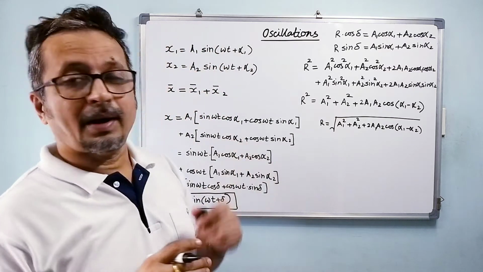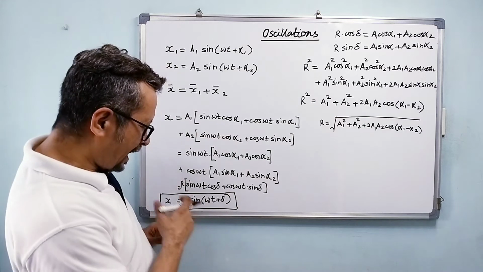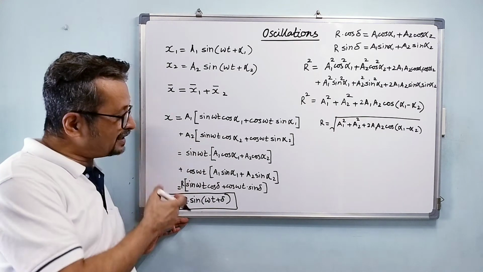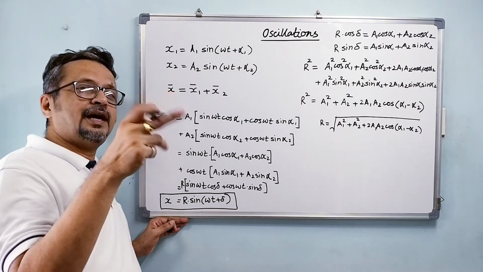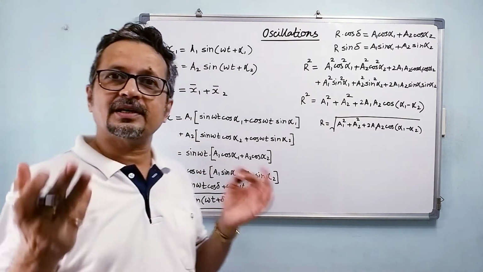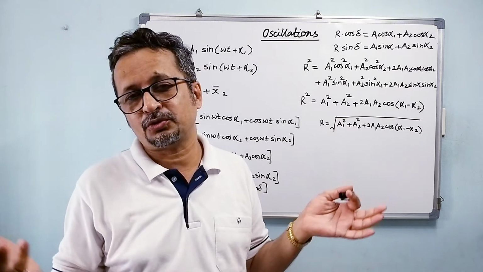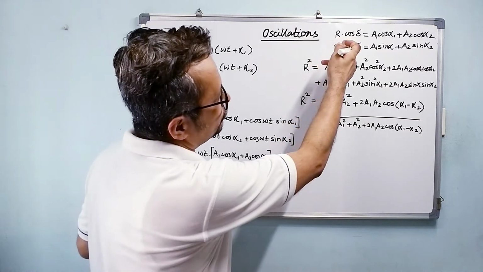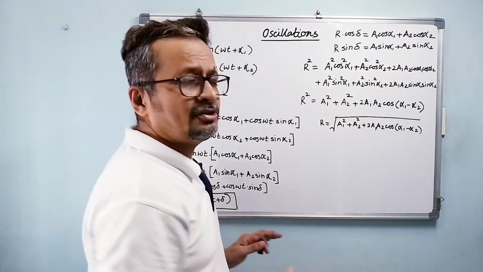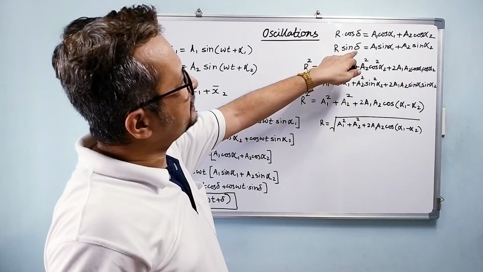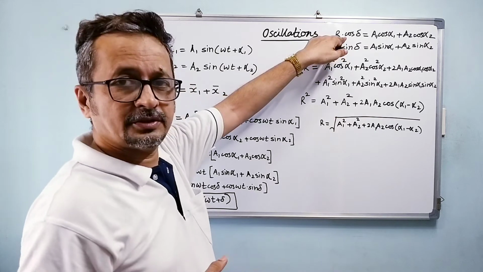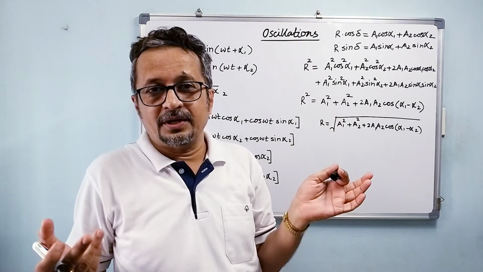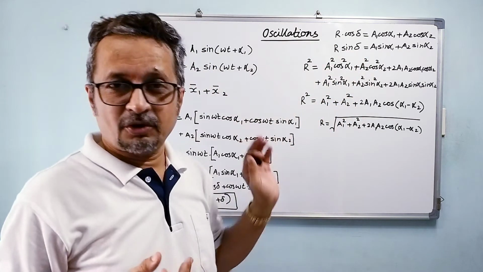But now my point is, I had said that my resultant displacement is x, given by x is equal to r sine omega t plus delta. Let us figure out delta. What is delta? I must know the initial phase of the resultant SHM, correct? So I just take the ratio of that, if I divide this expression by that expression, the r will get cancelled, and what you get there is tan of delta.